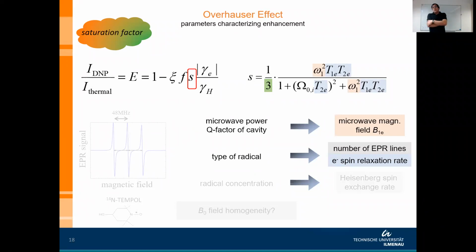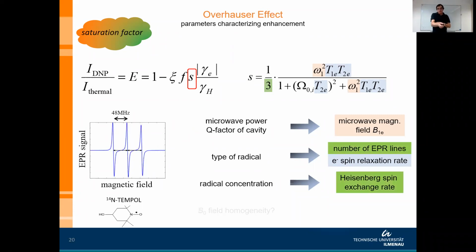We can see this easily in the factor 3, which is the number of lines in the particular radical that I chose to describe this formula, TEMPO, which has 3 lines in the EPR spectra. Also, this saturation factor will depend on the radical concentration.